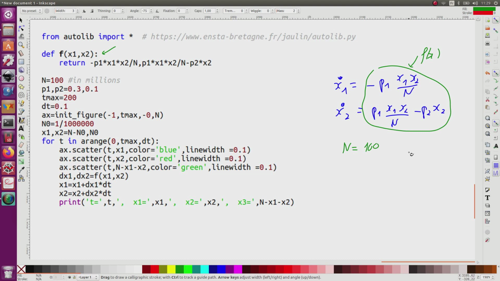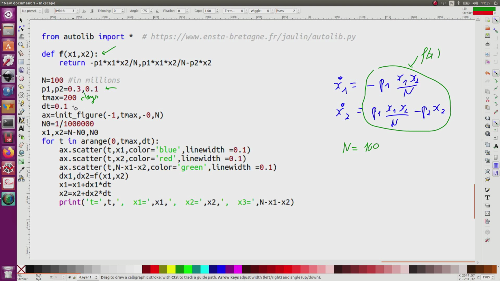So everything is in millions concerning the population. My coefficient parameters that have been identified are 0.3 and 0.1. I will simulate for 200 days. So here it's days. And the sampling time for the simulation is 0.1.